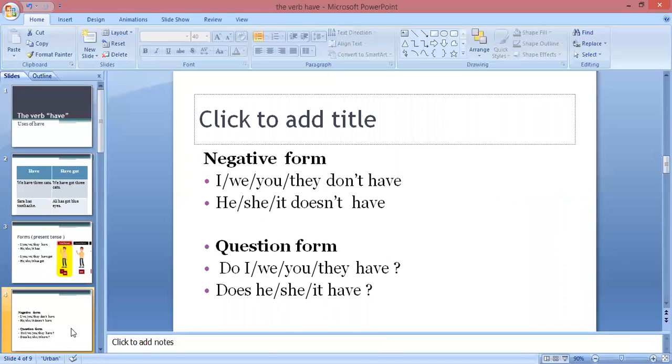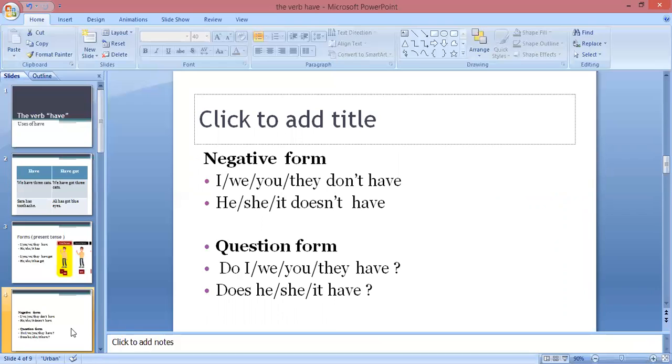Now, another concept: we all know that there are sentences in the negative form or in a question form, although they all are sentences. So if the sentence is in a negative form and is made using have, we will use do and does.